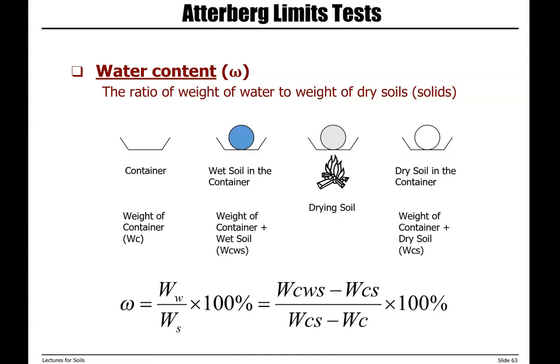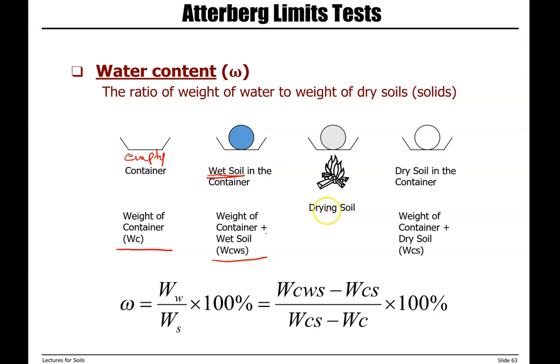So in order to calculate water content of a sample, what you can do in lab is start by measuring weight of an empty container. So this is an empty container. You measure weight of empty container. Then you put some of your wet soil in the container and measure weight of container plus wet soil.